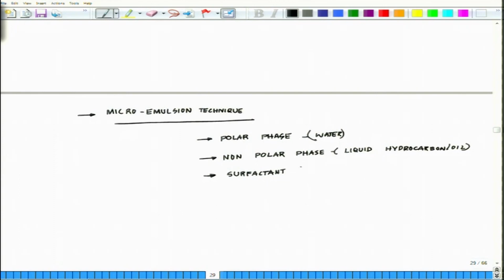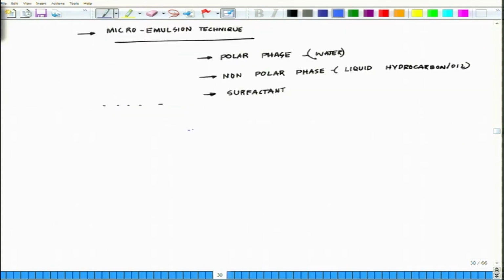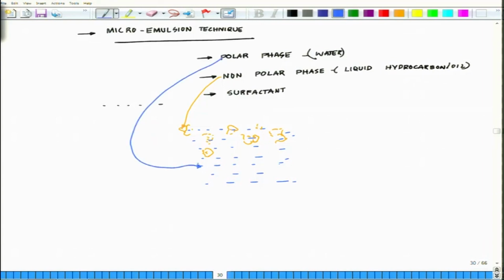If you have to understand microemulsion, it is something like this. Say for example you have this polar phase, which is water, and in that you have the oil phase, which is immiscible in water. This is the non-polar phase. This is the polar phase, which is water.